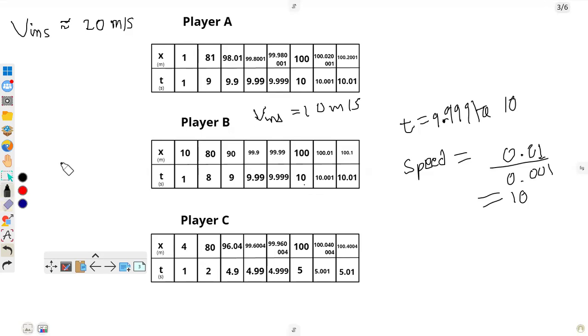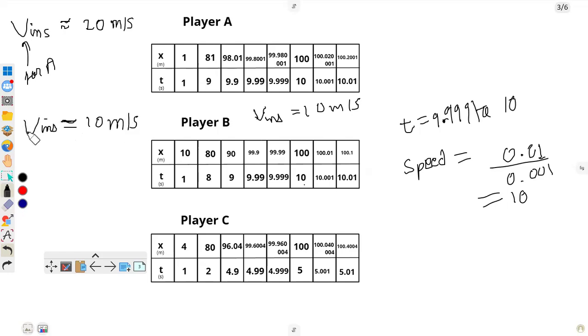So you guys know that player B was always ahead of player A, at every time interval ahead of player A by a significant amount, you can say, and still his instantaneous speed was 10 meters per second. This is for A, and V instantaneous comes out to be exactly equal to 10 meters per second.